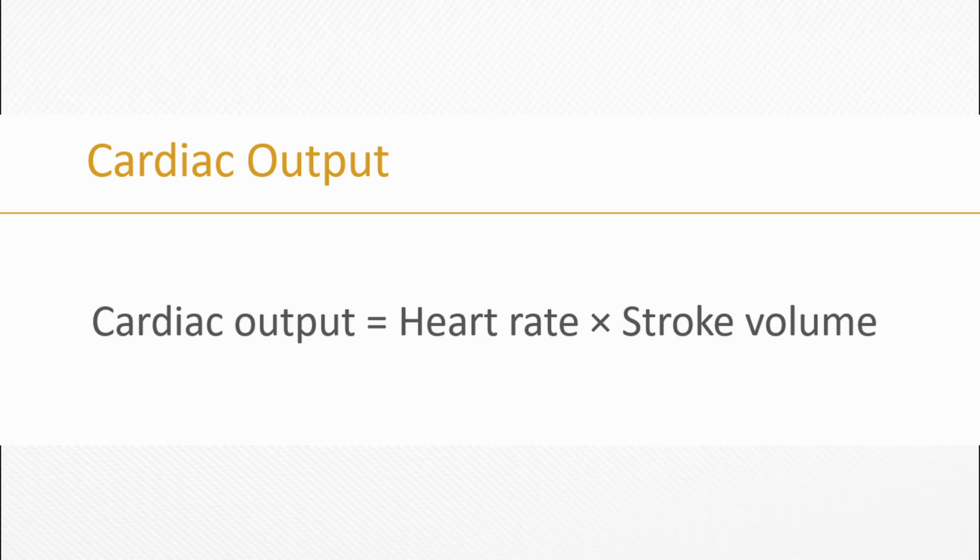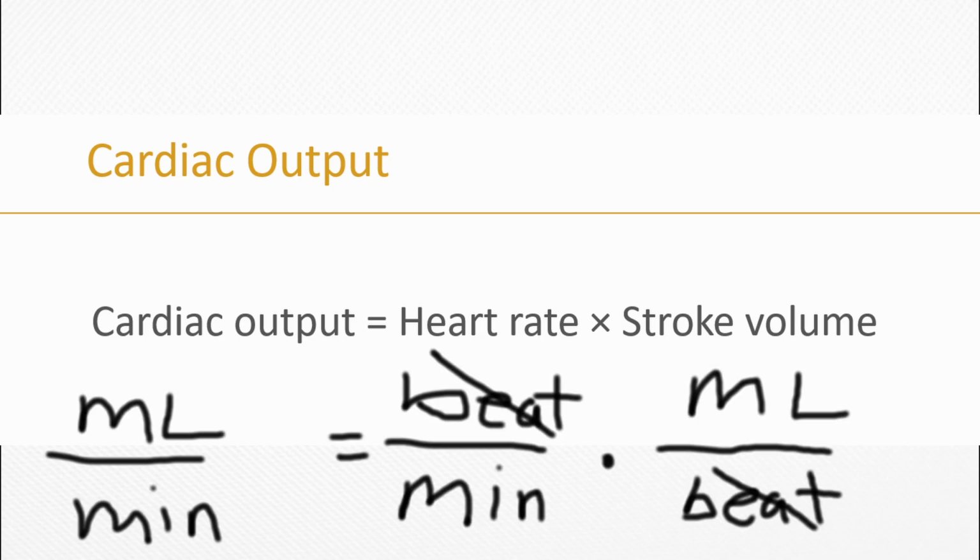And the heart rate, another important term, is beats per minute, right? So if you do that little algebra, the beats cross out. On one side you have beat divided by minute, and on the other side you have the stroke volume, which is milliliters per beat.